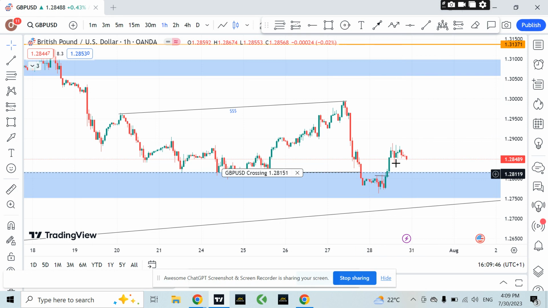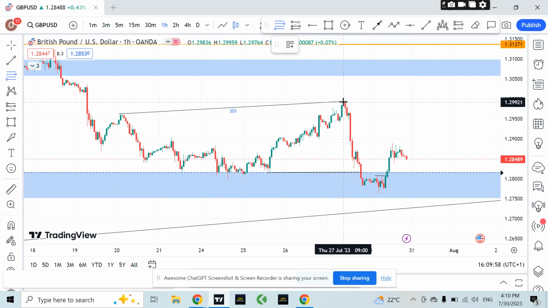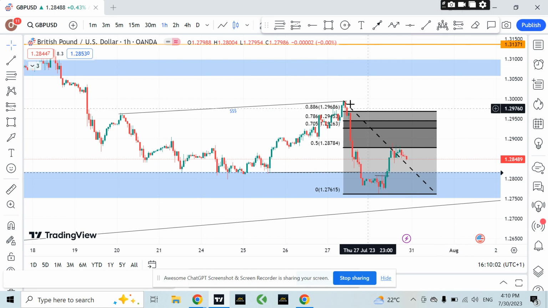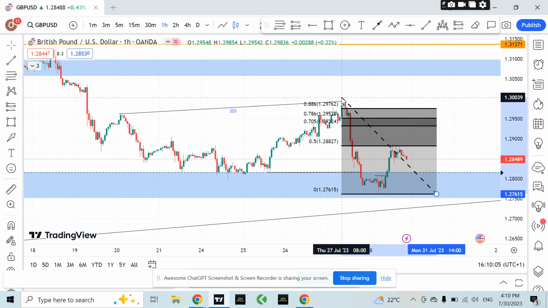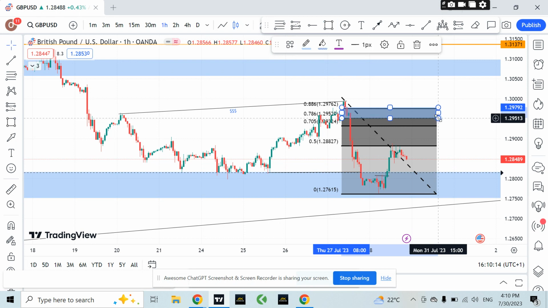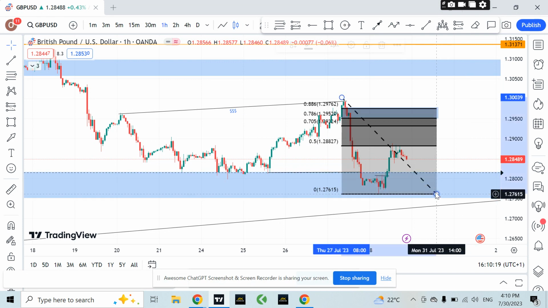So if it clears the highs and then taps into this supply zone here, note, so you can tap into this supply zone at the 70% Fibonacci retracement.